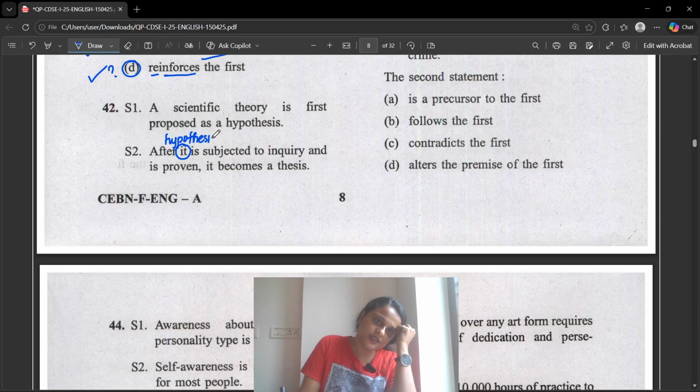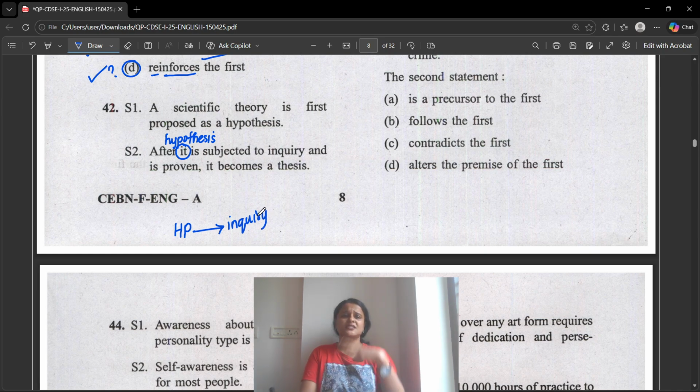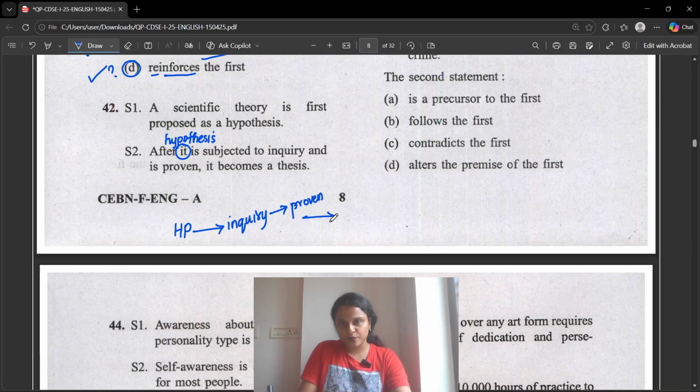Okay, so you're talking about hypothesis. You're saying that a hypothesis is taken, then it is subjected to inquiry. A lot of checking, fact checking, questioning, everything happens, and then it's finally proven. Okay, when your hypothesis is proven, it becomes thesis.